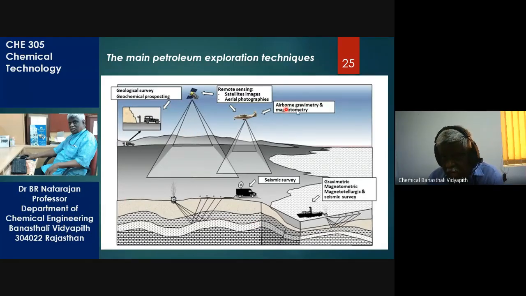And this is airborne gravimetry and magnetometry. Gravimetry is where gravity studies, measurement of gravity, is done. Magnetometry is studying the magnetic properties, right? And seismic survey.